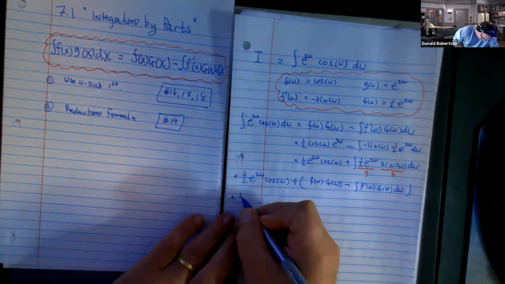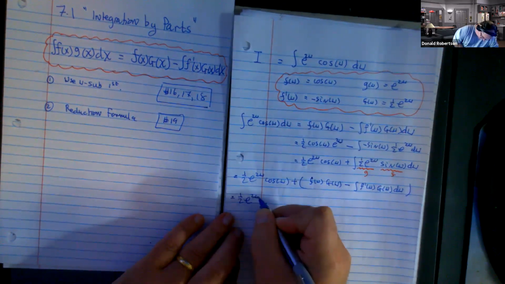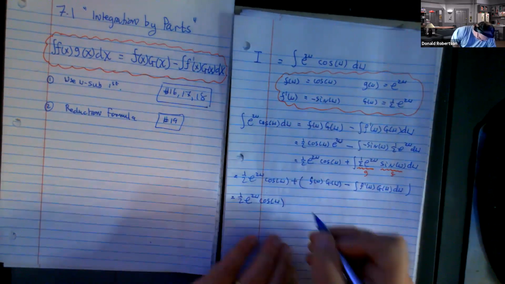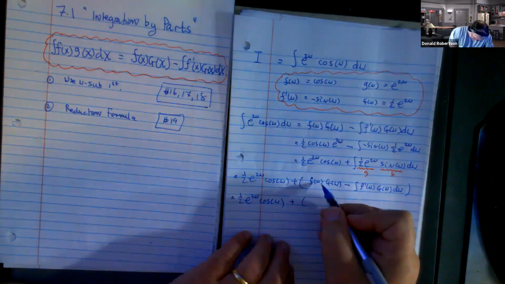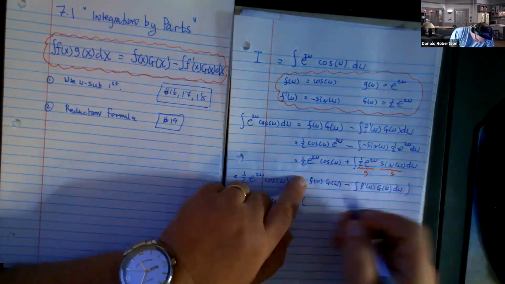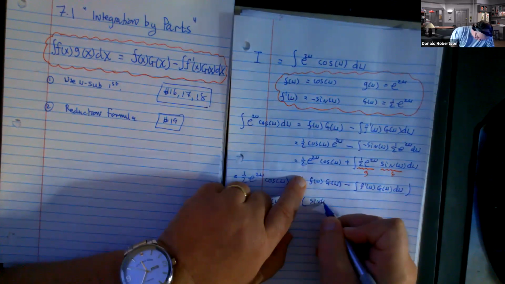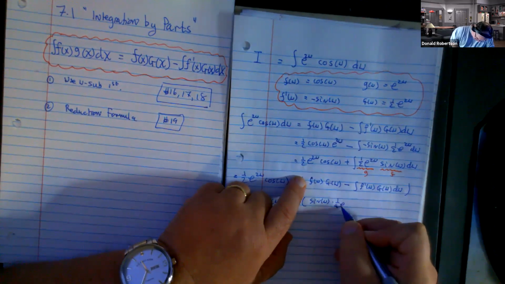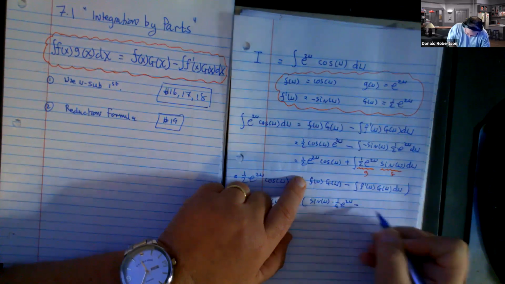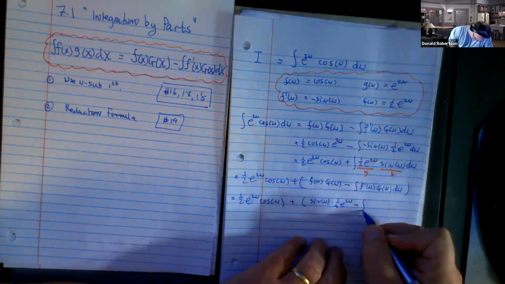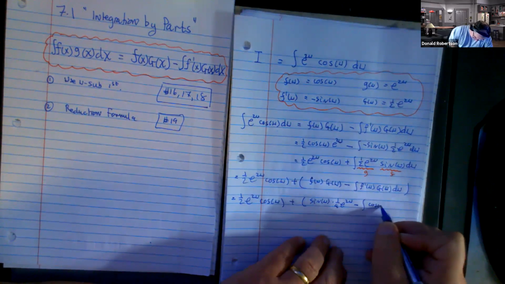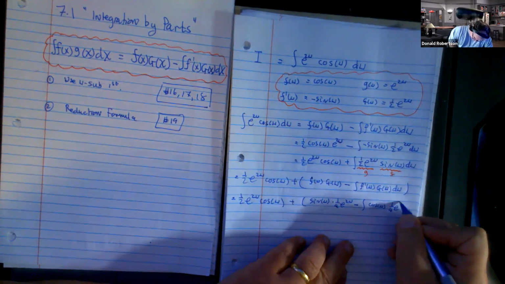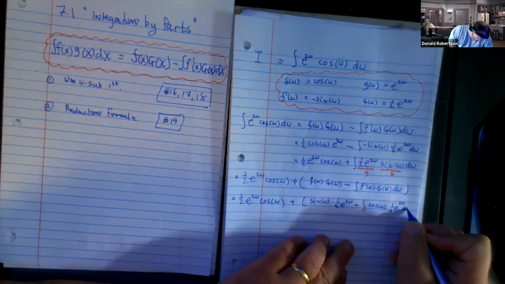So it's going to be 1/2 e to the 2u cosine of u. The f is sine u. And if you integrate this guy, you get 1/4 e to the 2u. Take away, if you differentiate a sine, you get a cosine. And integrate this guy, you get 1/4 e to the 2u du.